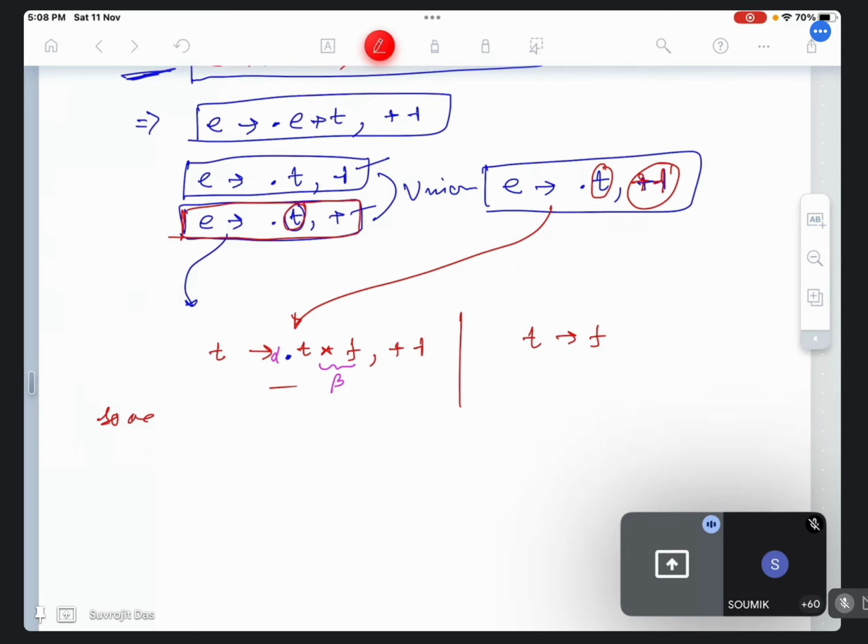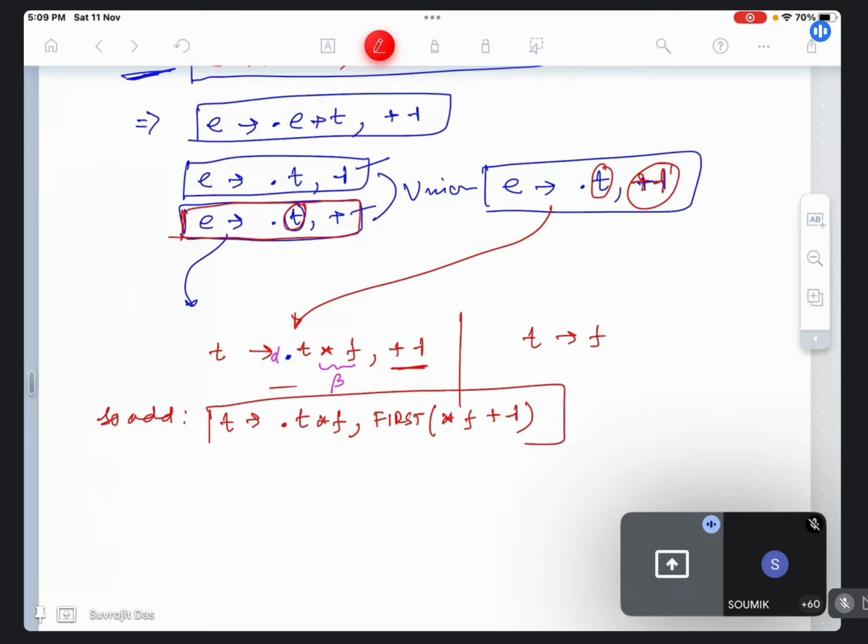So we add T goes to dot T star F followed by first of beta and the remaining symbols. So first of star F, plus and this one, right?